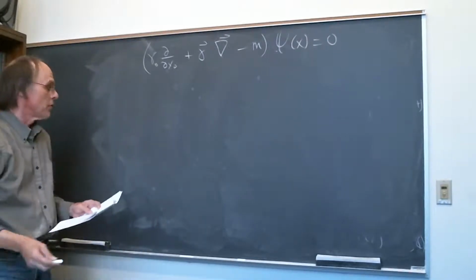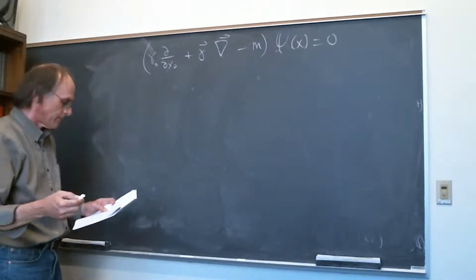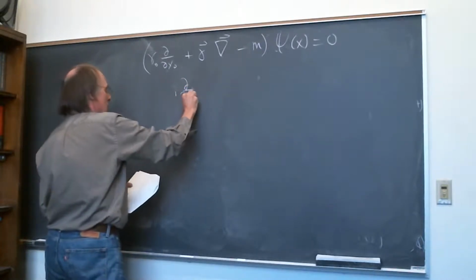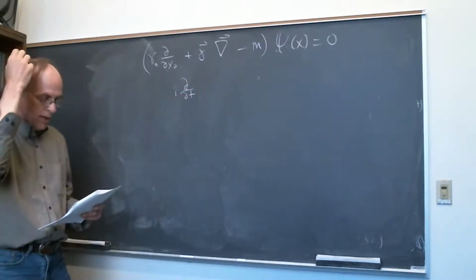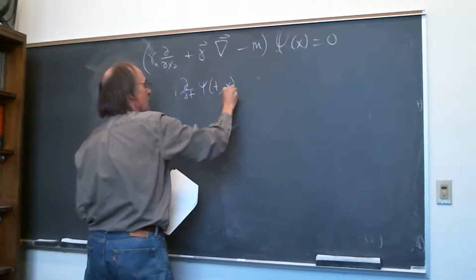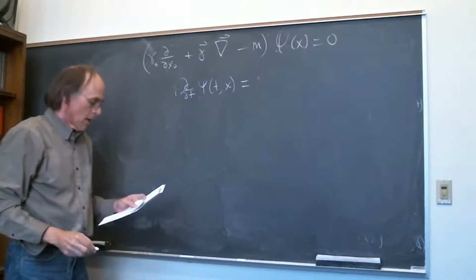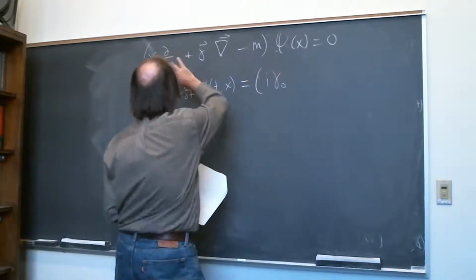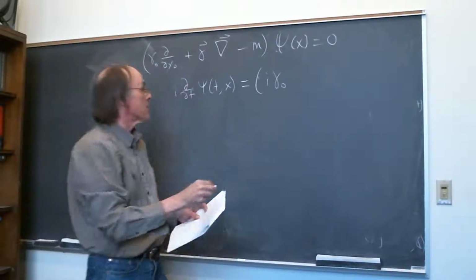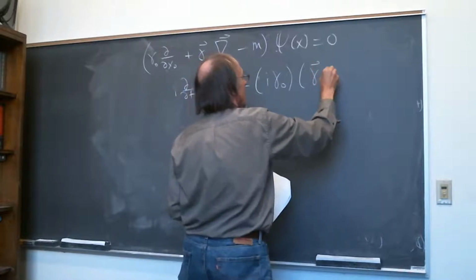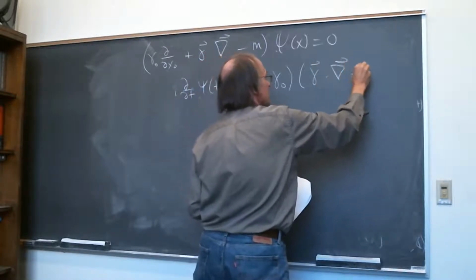Then you can write this in the form of I d/dt, so x0 is just t, psi of t, x. If you mess with this a little bit, you end up with I gamma 0 and then a gamma vector dot gradient minus m.